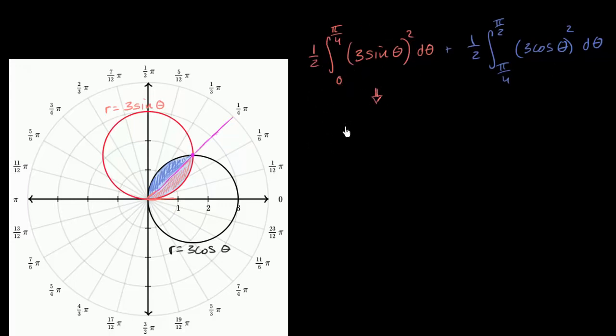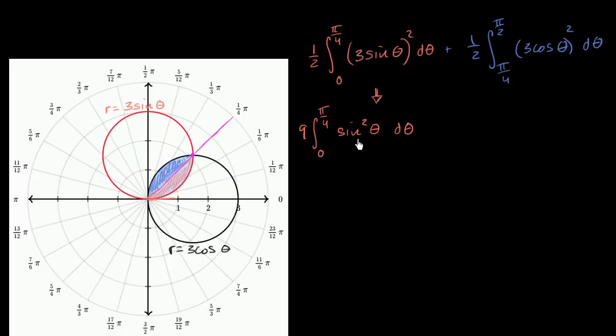So the total area, if I just double the orange expression, I'm going to get the definite integral from 0 to pi over 4 of 9, 3 squared is 9, sine squared theta d theta. You could evaluate this by hand, or you could evaluate this with a calculator. Let's evaluate this analytically.